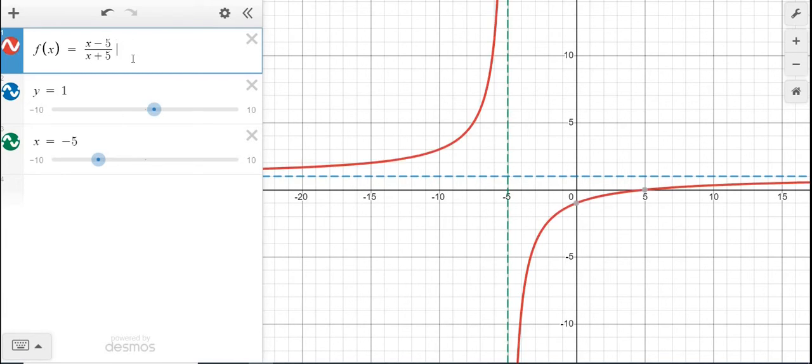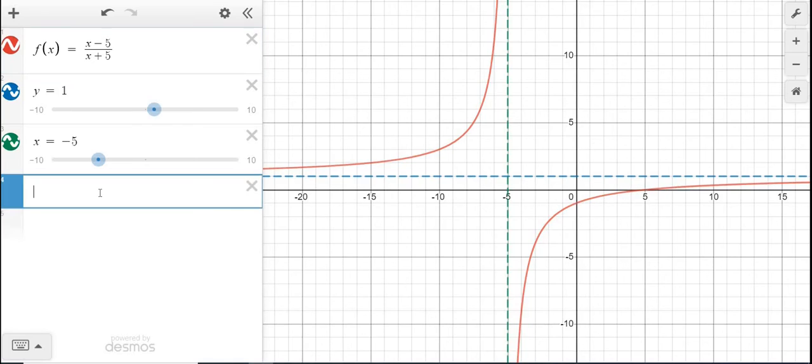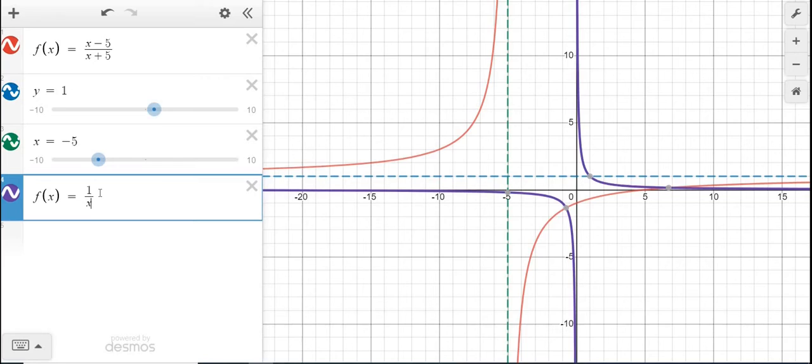Okay, that is actually a form of the parent function f of x equals 1 over x, okay, which I plotted on this graph as well. So I'm going to make that disappear for a moment.